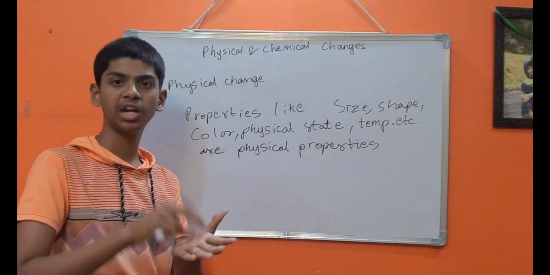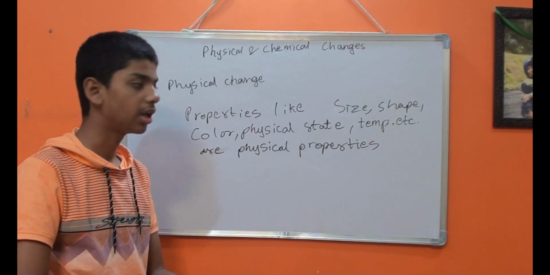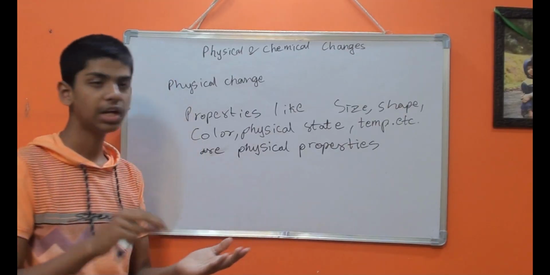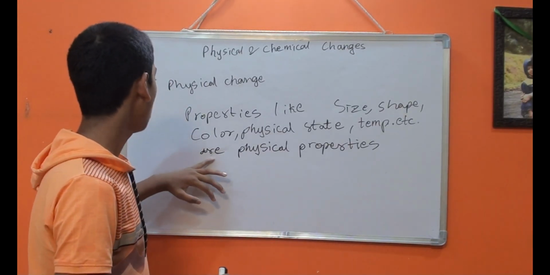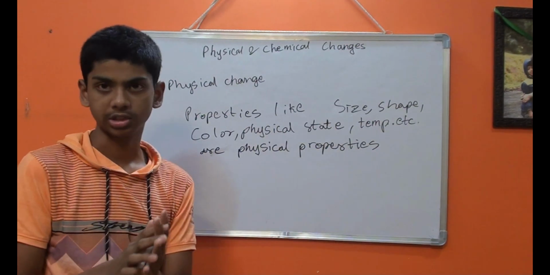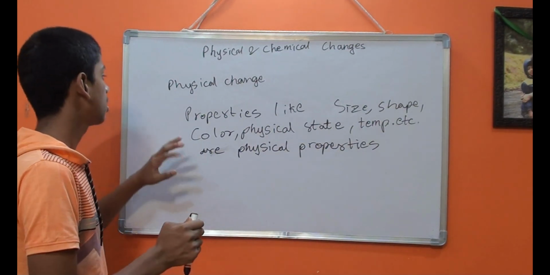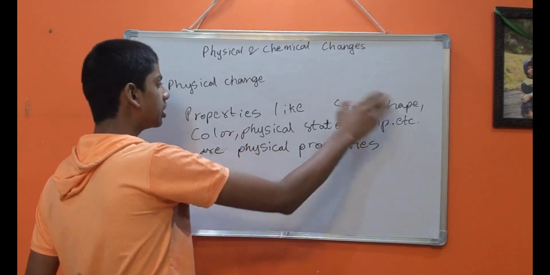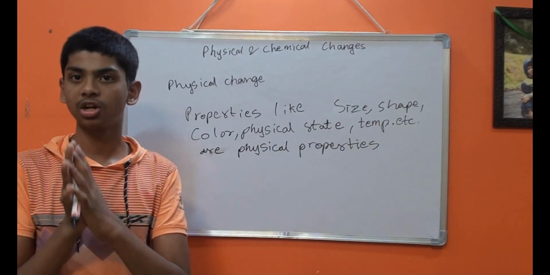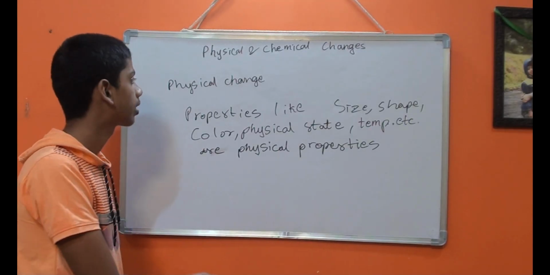Temperature means the heat which is in the body. These things which you are seeing are physical properties. Now any kind of change made in these properties is considered a physical change.